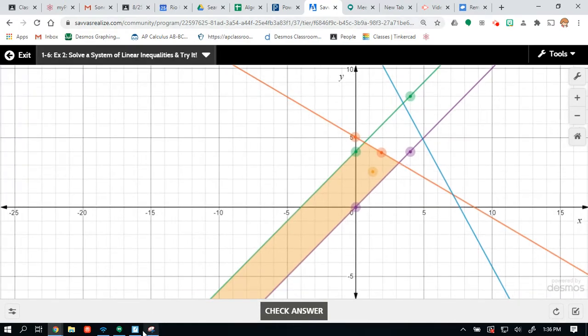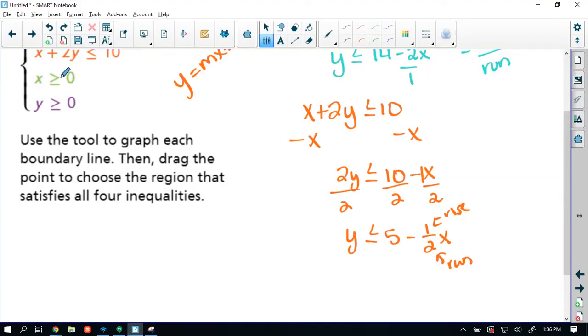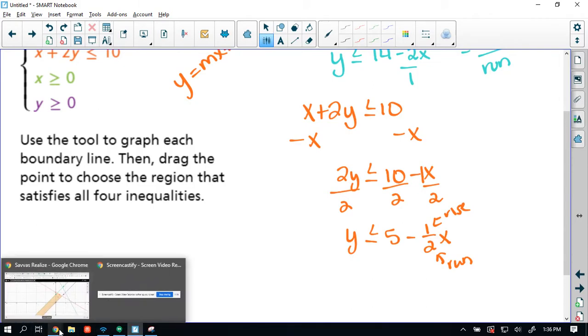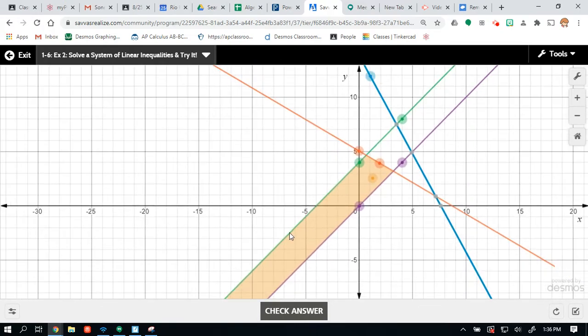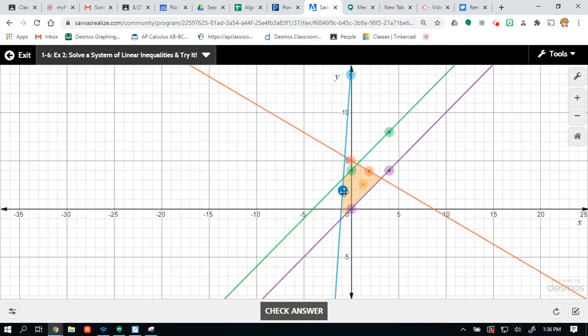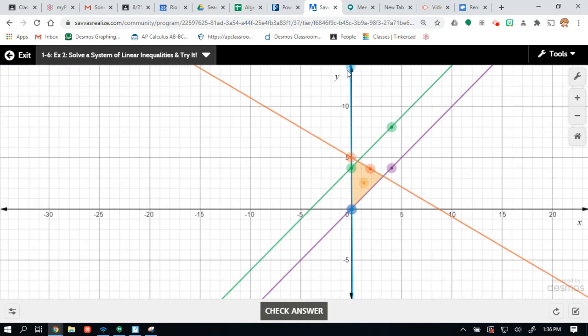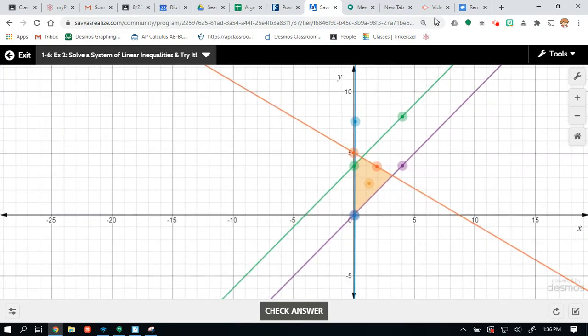The next one I'm looking at is the green, and that's x is greater than or equal to 0. So we don't have a y there, so I'm going to go where x is greater than. I'm going to take this blue, and I'm going to move it to where x is 0. And when x is 0, that's our y-axis.